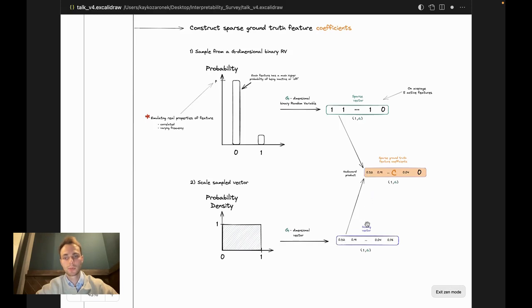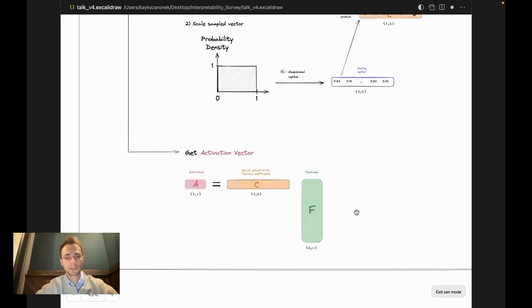If we apply the Hadamard product of these two vectors, we will obtain the sparse ground truth feature coefficients with which we can now multiply our feature vector to arrive at the data set of activations that we initially set out to create. To get these activation vectors, the last step is quite simple. We multiply the coefficients with the features and we get the activations.